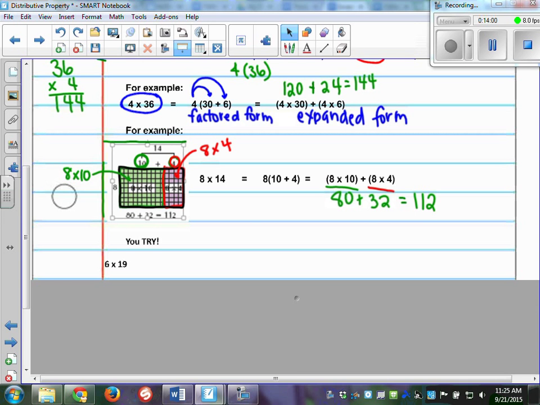In your notes, I would love for you to start off by trying 6 times 19. What would that look like in factored form? And what would that look like in expanded form?